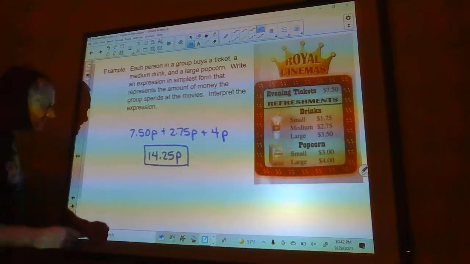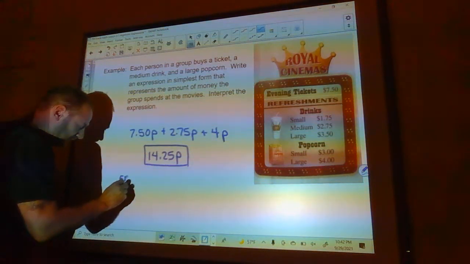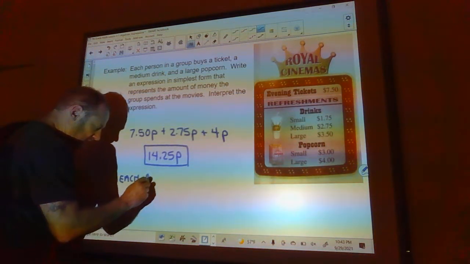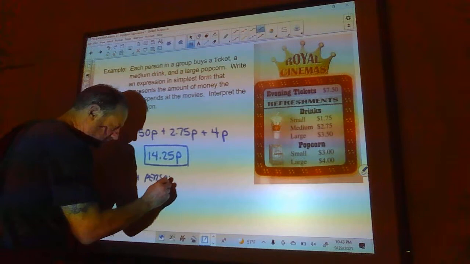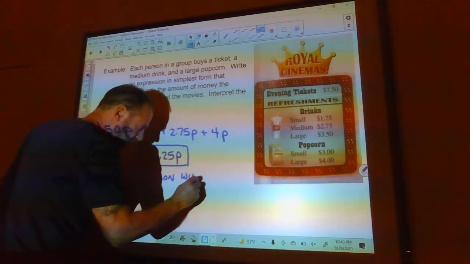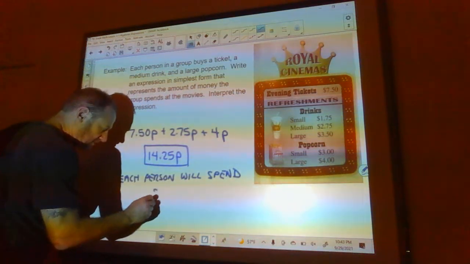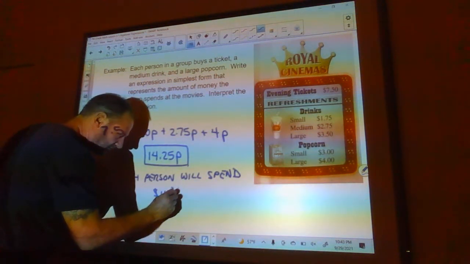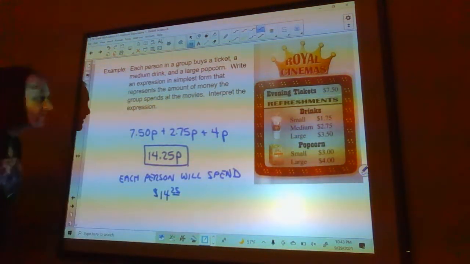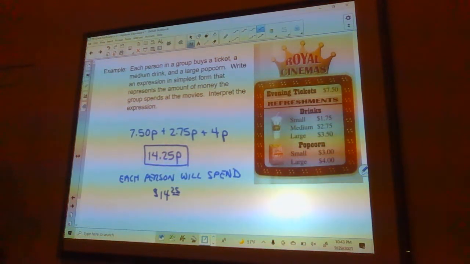Now what does that mean? That means that each person will spend $14.25. So that's how you interpret the expression.